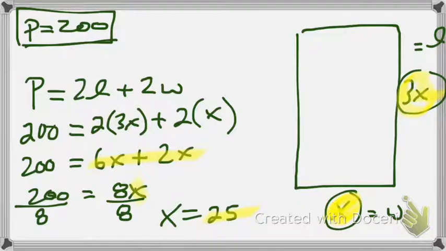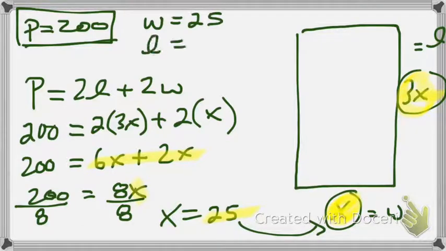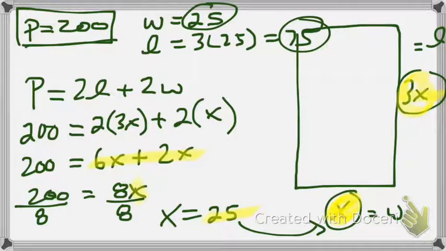So we know that the width is going to be 25 if I plug it in here, and then the length is going to equal 3 times 25, which is 75. Alright, so those would be the dimensions of the carpet, 25 by 75.